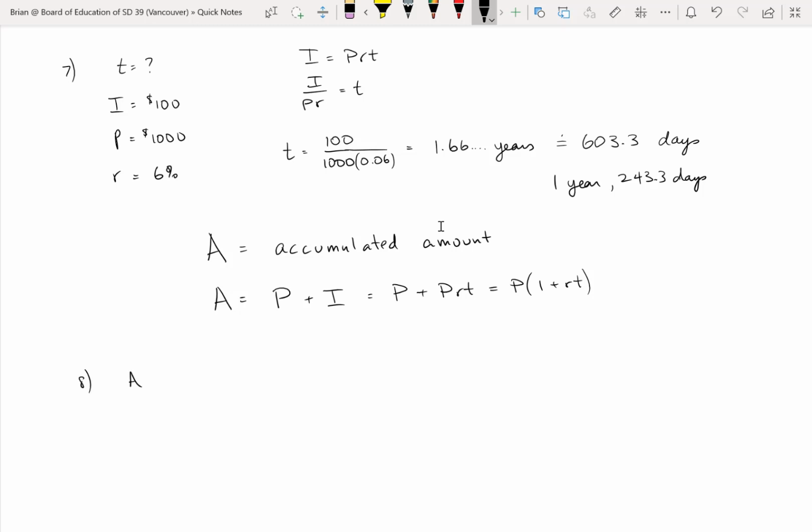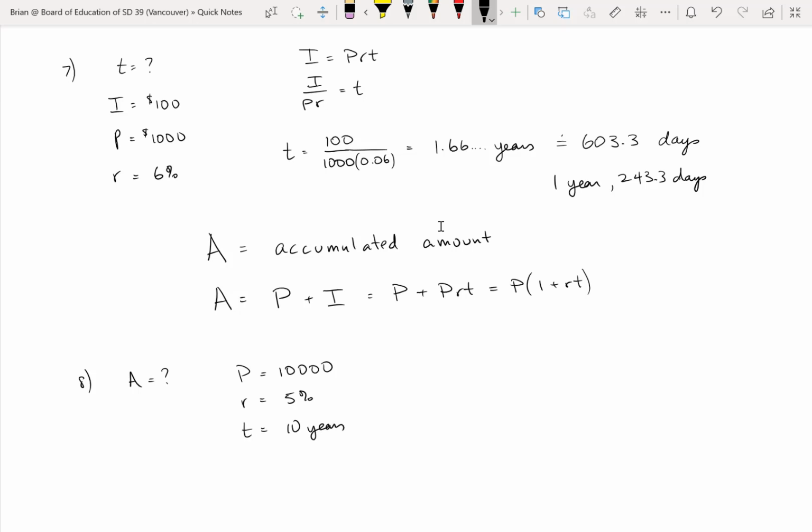So, final question here. Let's try and figure out the accumulated amount if we have a given principal of $10,000, let's say, and an interest rate of 5% and a time of 10 years.